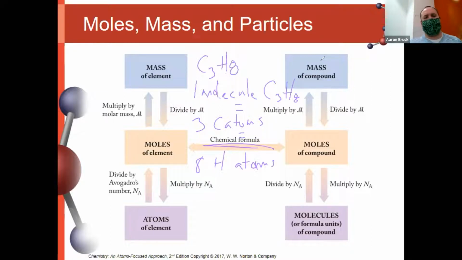And if I extrapolate that, that means that 1 mole of propane is equal to 3 moles of carbon and 8 moles of hydrogen.